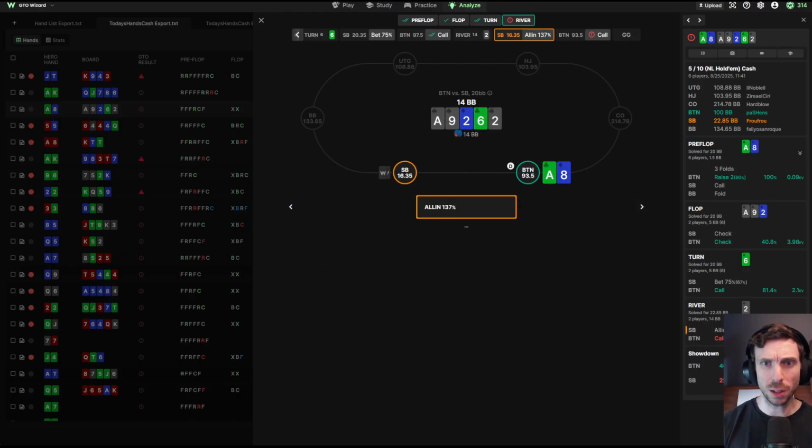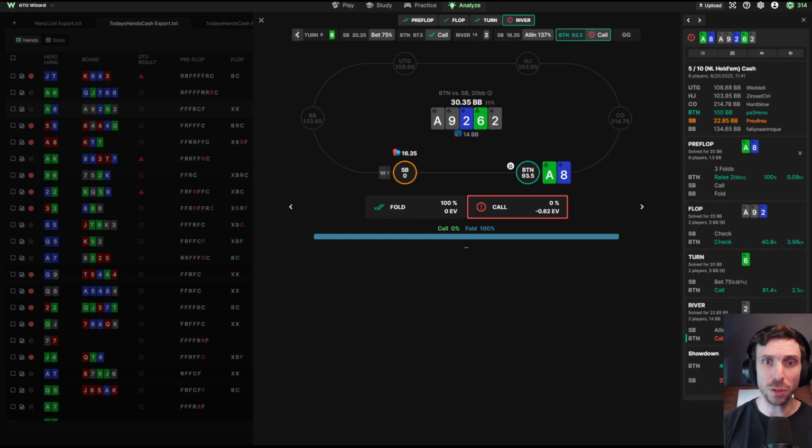2 of spades, and you can see here villain just shoves 16 big blinds into 14. So they're overbet shoving. We're sitting here with a bluff catcher without a spade. They're basically repping, I want to say, as strong as ace 10 maybe. I don't know.